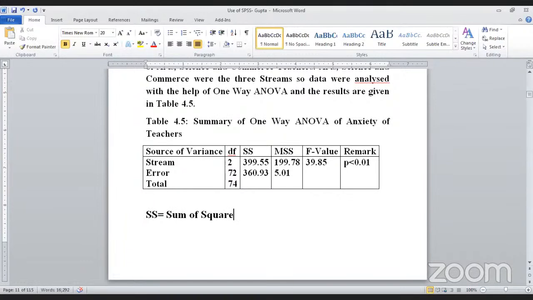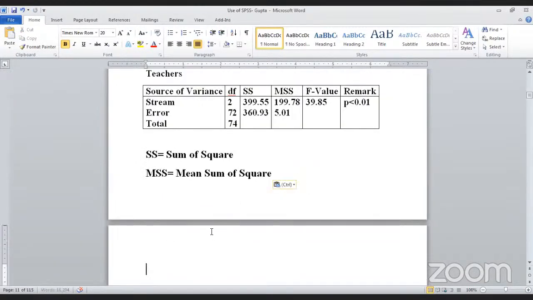Now, MSS means mean sum of square. And here you will have two mean sums of square. One mean sum of square for stream.